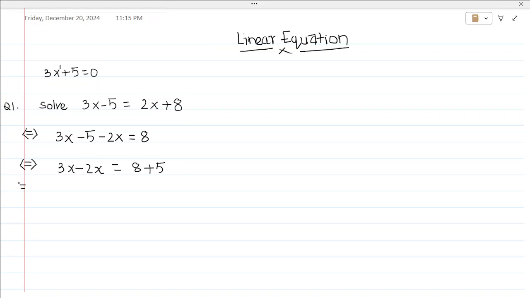Now what happens? Solving 3x minus 2x, we get x. x is equal to 8 plus 5 is 13. So 13 is the solution for this question. So this is the answer for this question.